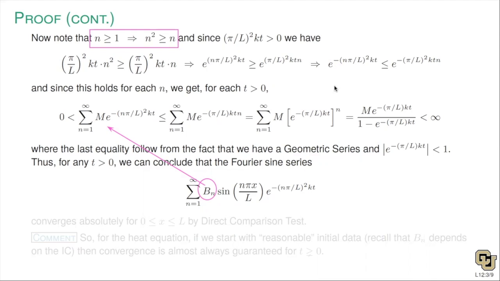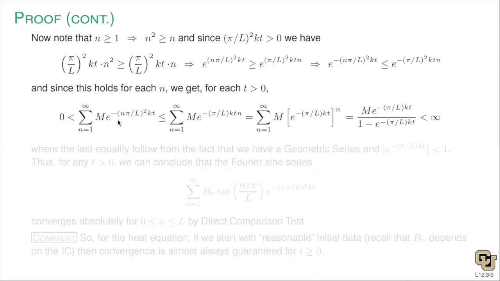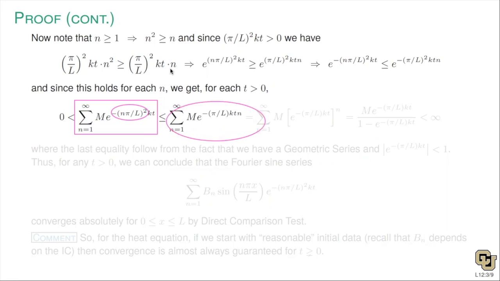Okay, so let me back this up a second here. And so here's the end of the argument. Here we had bounded our original solution, the series of the absolute values of our terms. We bounded it with this term, with the n squared up here. And now using the math above, we've now bounded it with this term where you no longer have an n squared.